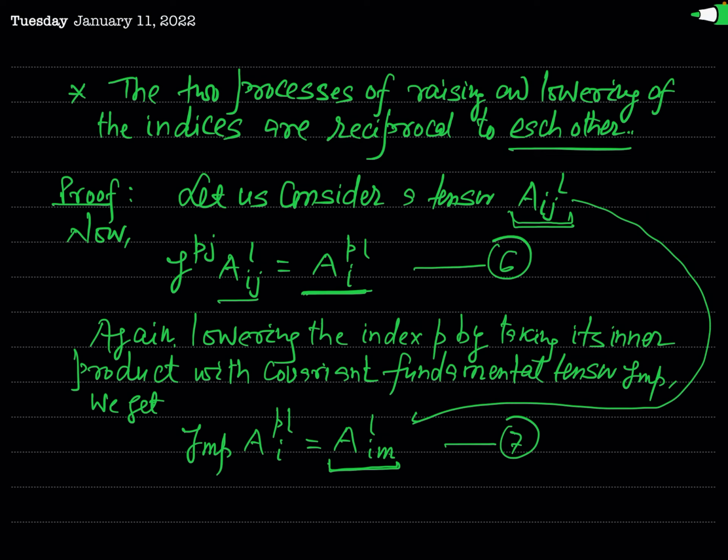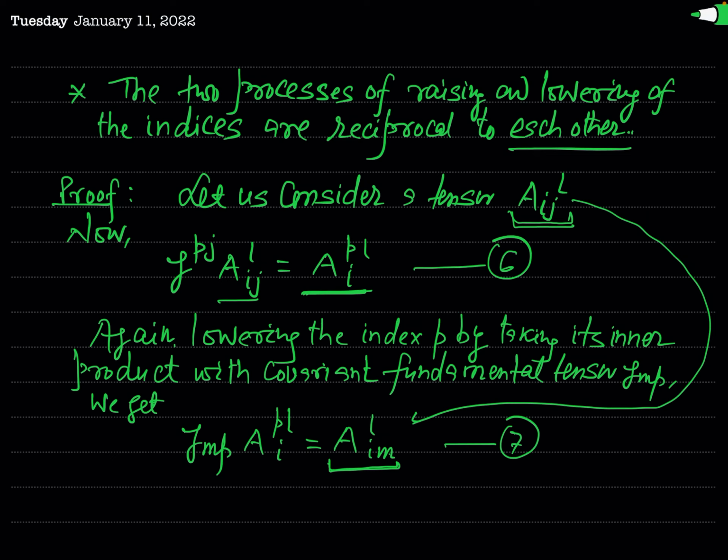It means if on a given tensor, first the operation of raising of index is performed, and after that you get a tensor, and if you perform the lowering of index operation on the obtained tensor, then you get the original tensor.